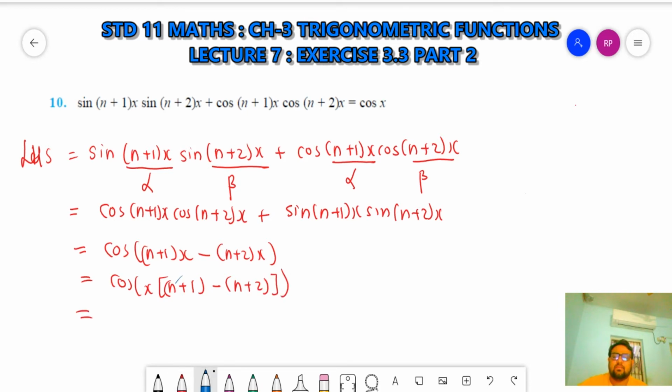Here n minus n gets cancelled, 1 minus 2 is minus 1. So this will be cos(-1 times x), that is cos(-x), and as cos is an even function, cos(-x) equals cos x, which is the RHS. Okay, this was question number 10. Just note it down.